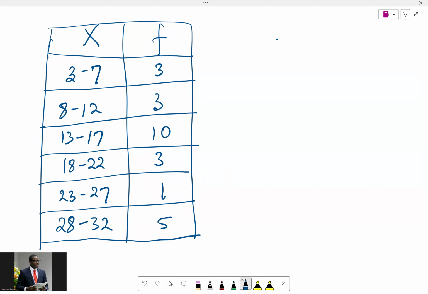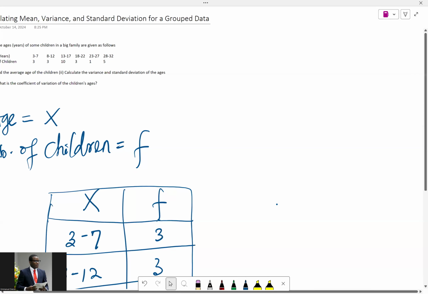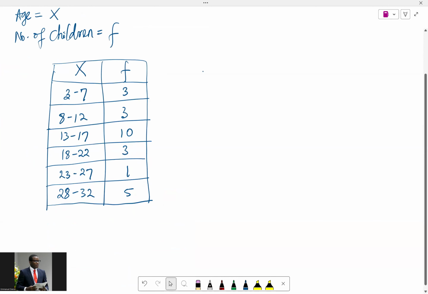The first question, like we have up there, is to find the average age of the children.